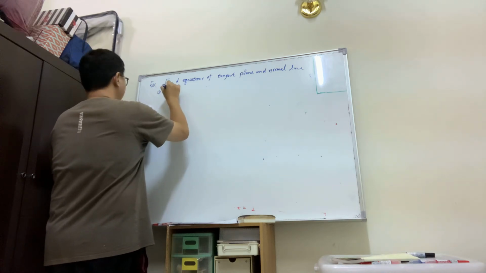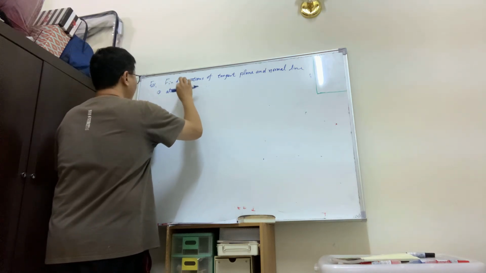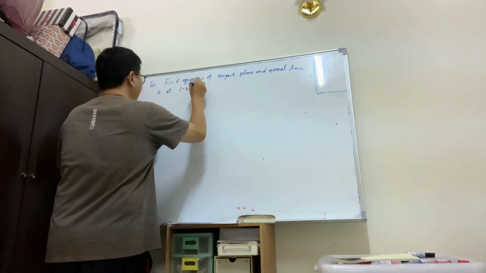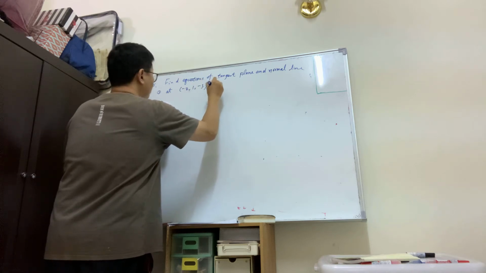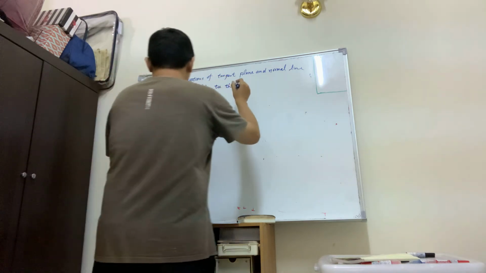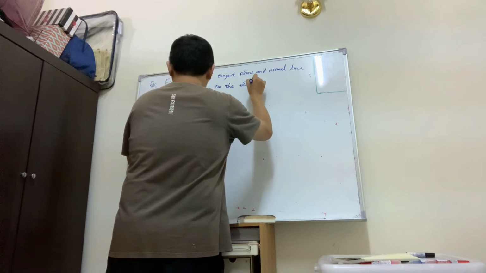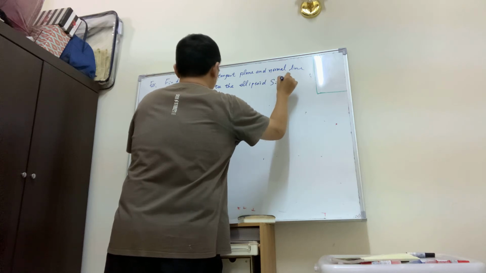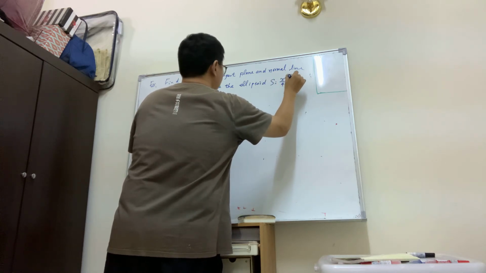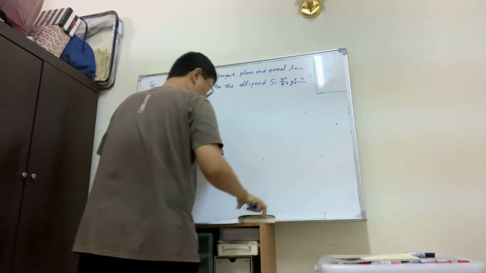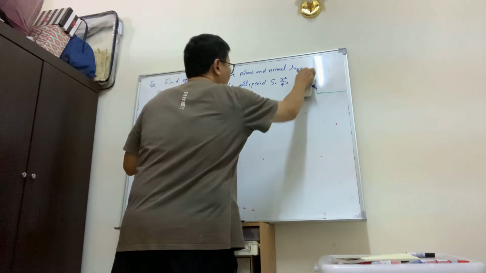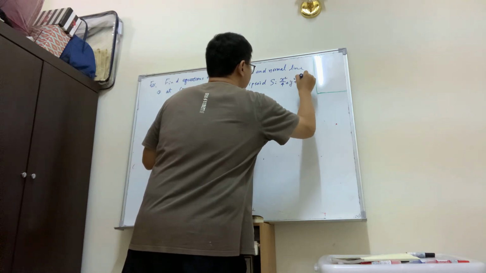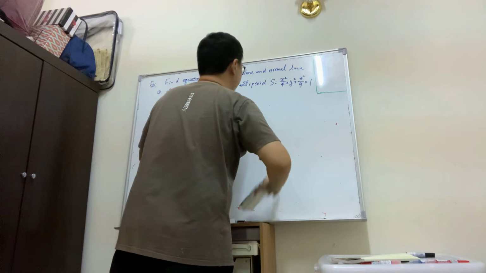The first one, at the point -2, 1, -3 to the surface x squared over 4 plus y squared plus g squared over 9 equals 3.